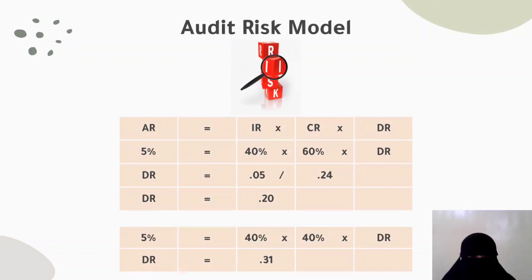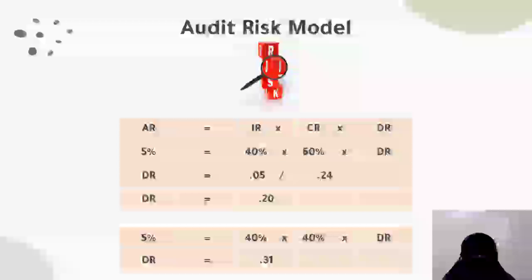Now, financial auditors use the audit risk components in a model to determine the scope, nature, and timing of substantive tests. So the audit risk model is audit risk is equal to inherent risk times control risk times detection risk.